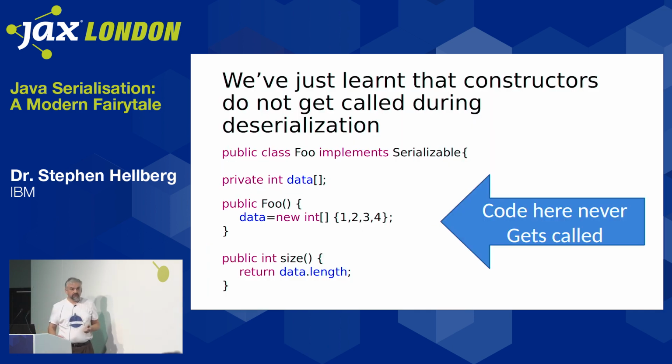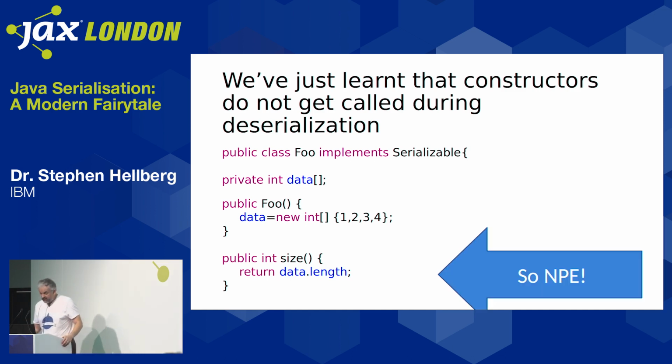The constructor, as we just looked at through those examples, of our serialized object is not going to get called at all because we're just transferring the instance values into there. So if and when we call size on that target object in the receiving instance of our program, we're now going to get a null pointer exception instead.